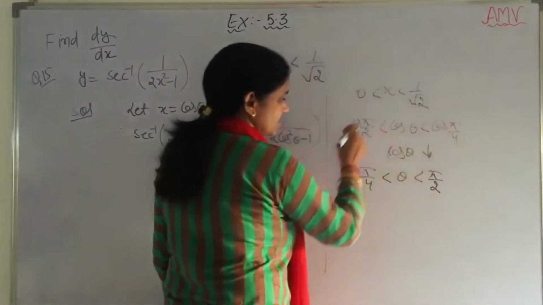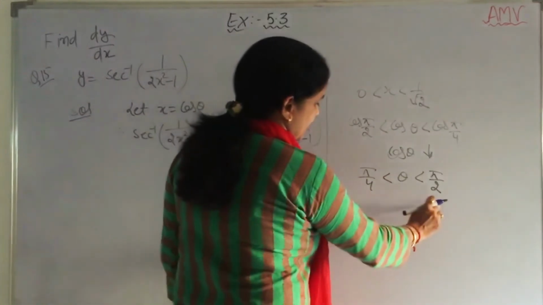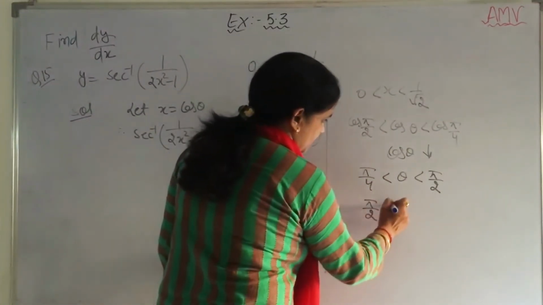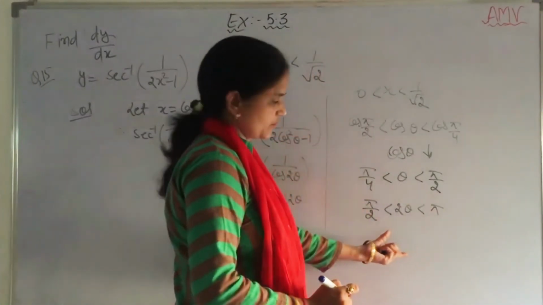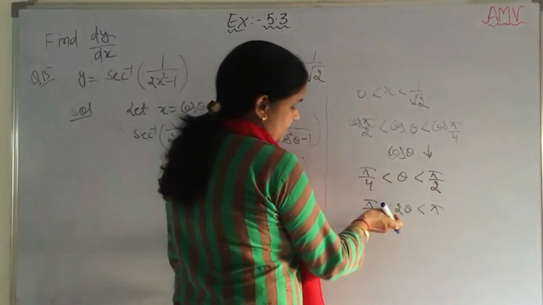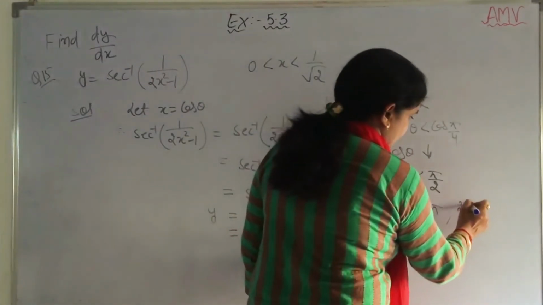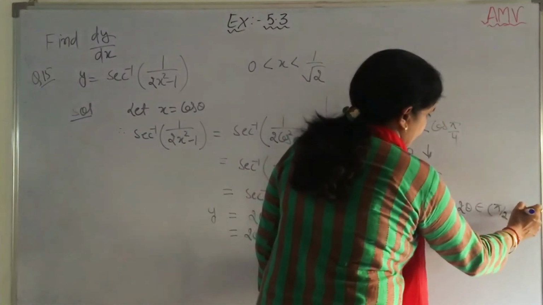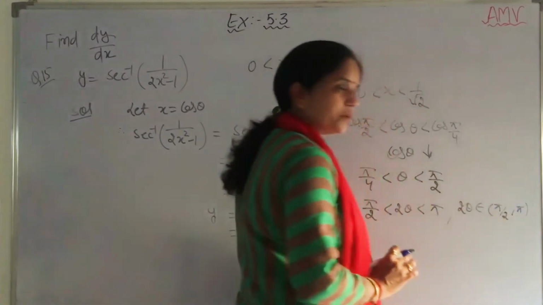Okay. It would be reverse. Now we require 2 theta. So multiply this inequality by 2. You will get pi by 2, 2 theta, and pi. Okay. Means 2 theta is from pi by 2 to pi. Here 2 theta belongs to pi by 2 to pi. Okay. And the range of this is 0 to pi.